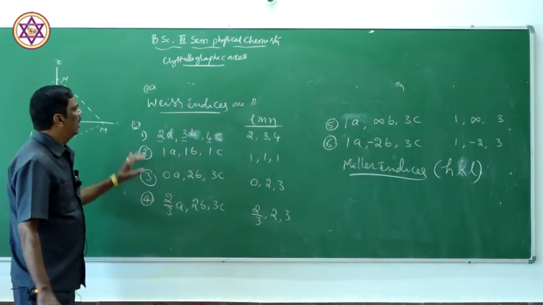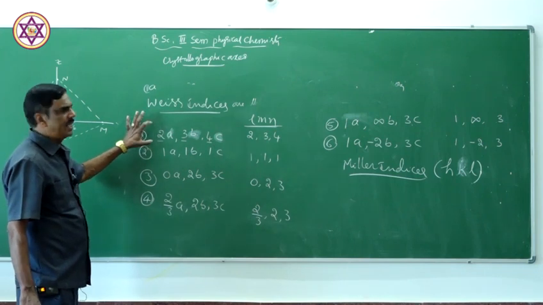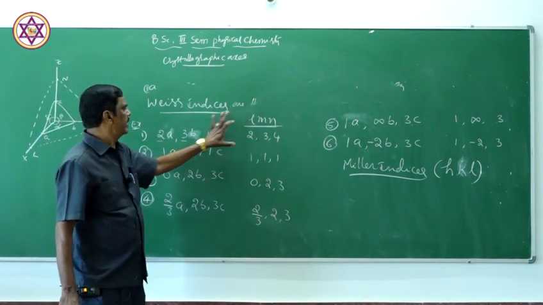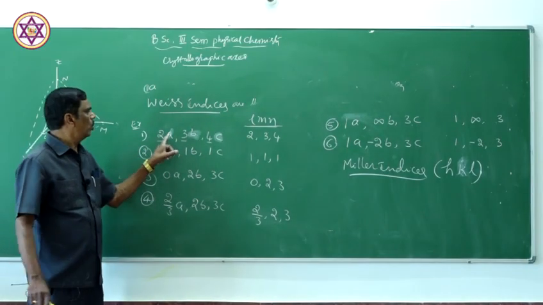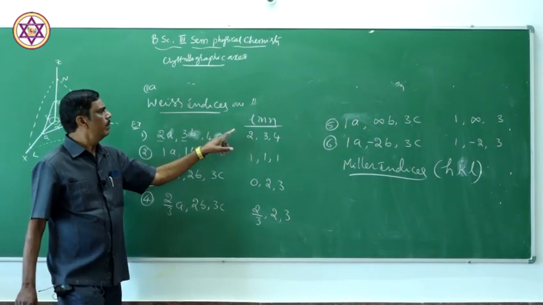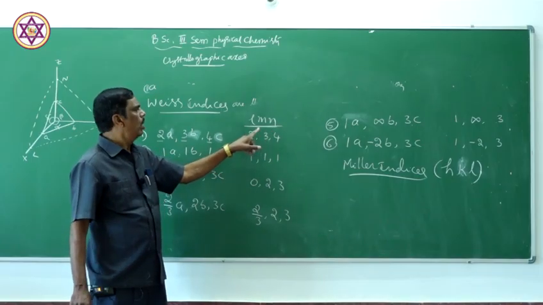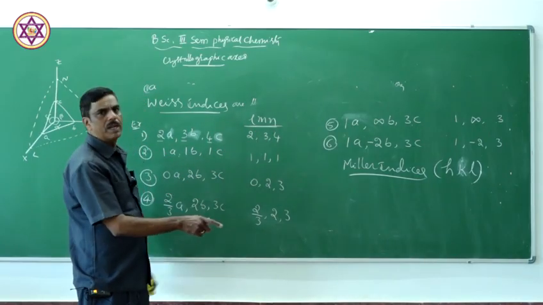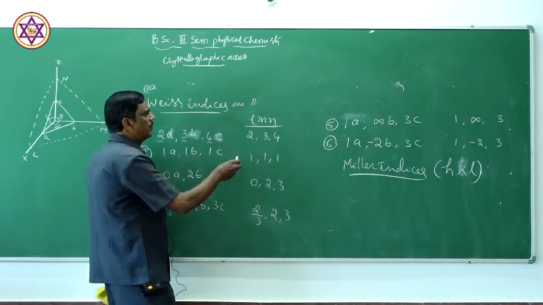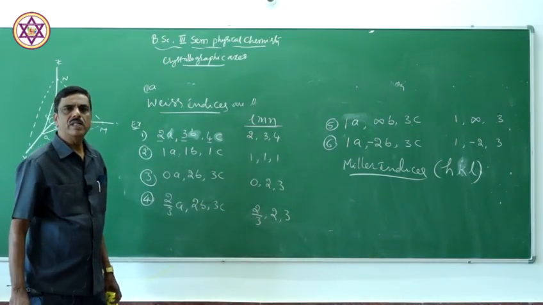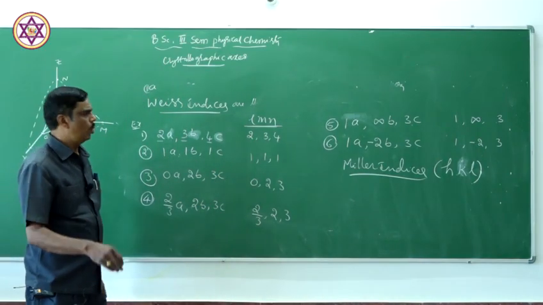First, how to write the Miller indices HKL for this LMN? LMN is the Weiss indices of this plane 2a, 3b, 4c, that is 2, 3, 4. How to convert this into Miller indices? The procedure is you take the reciprocal of these coefficients and convert that into a whole number.